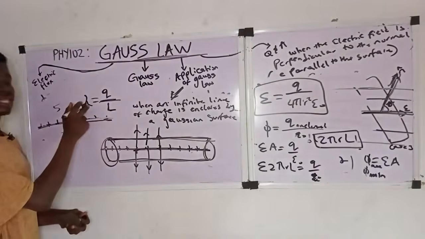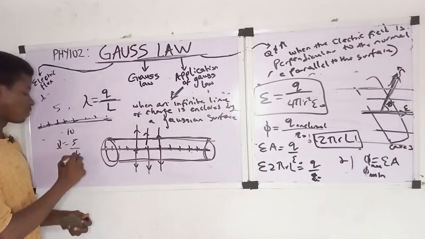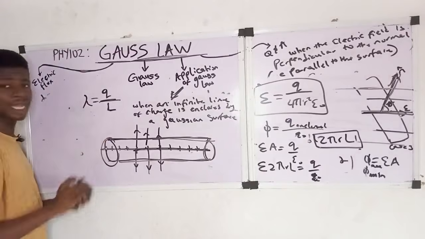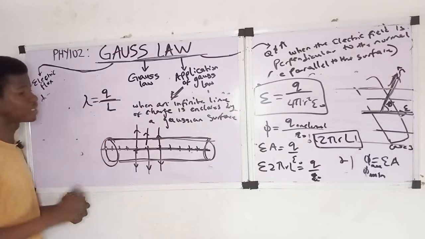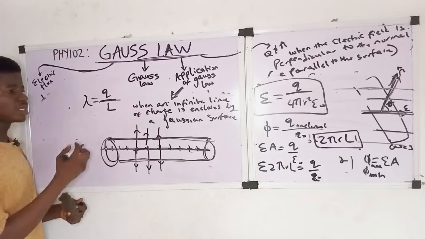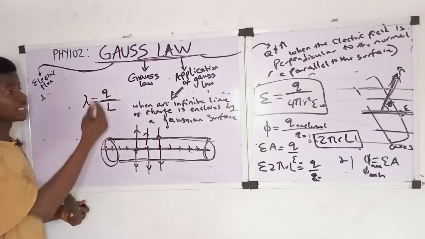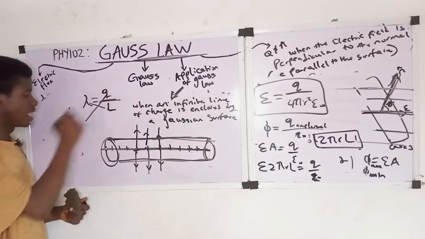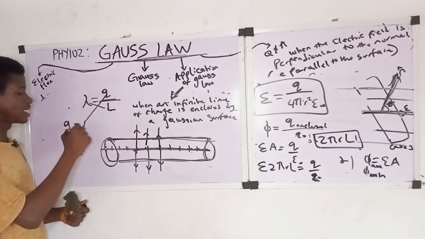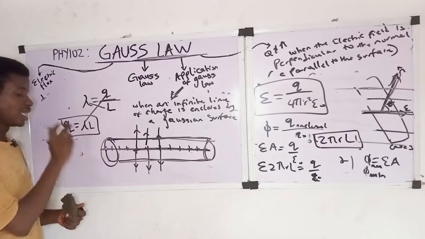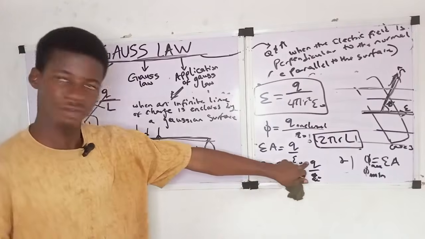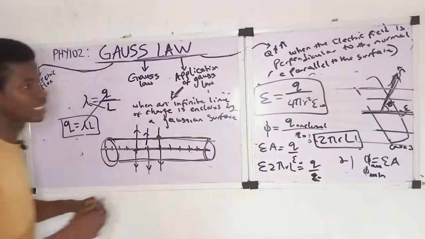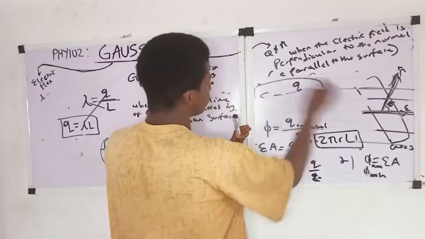Therefore the linear charge density will be 5 over 10, right? So let's not forget about linear charge density. This is very important. If we make charge stand alone by cross multiplying, charge will be equal to linear charge density times length, right? So in the place of charge, I'll put linear charge density times length.